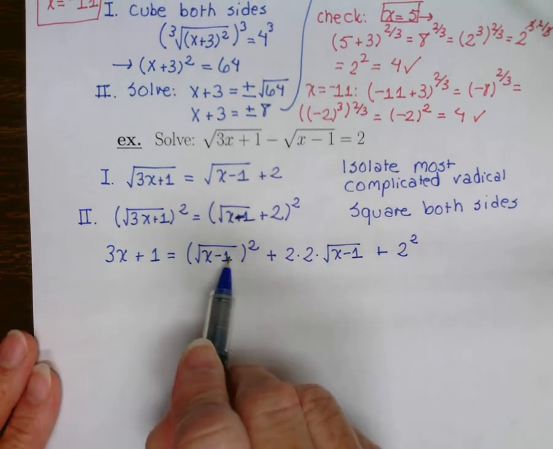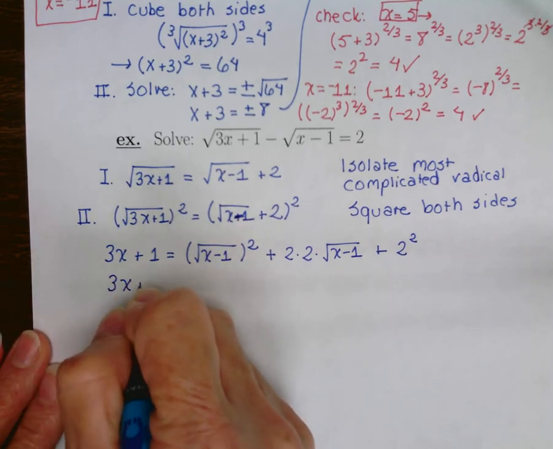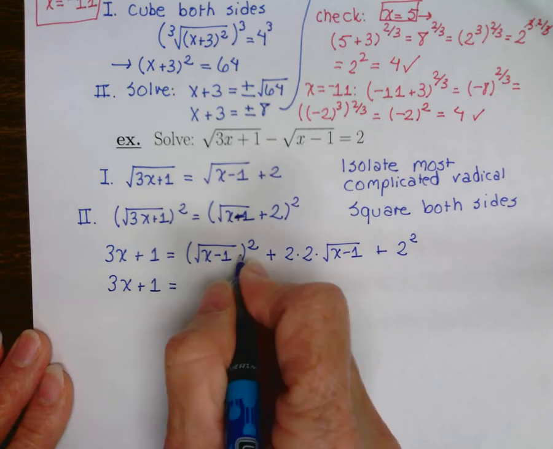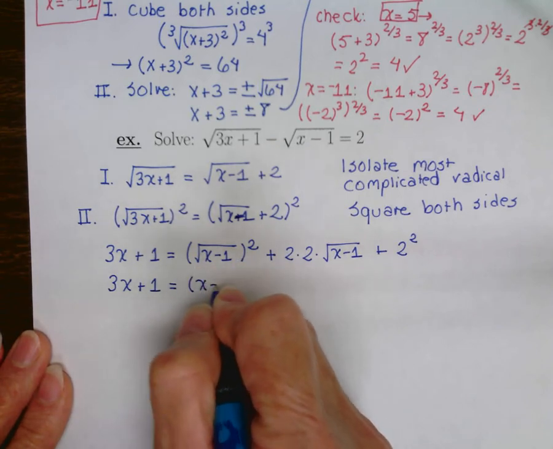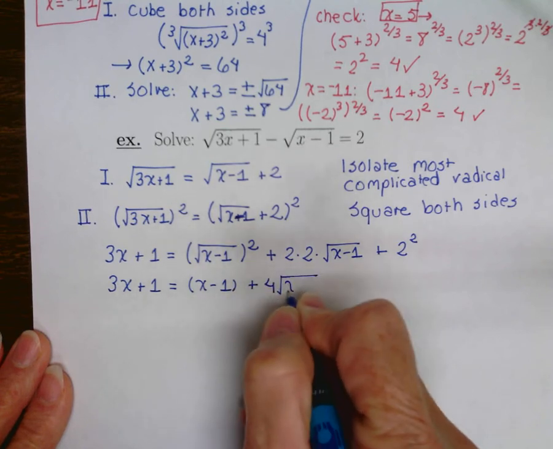And what we see is that we have not eliminated the radical yet. We've eliminated one of them, because the square root of x minus 1 squared is just x minus 1, but we still have a radical term.